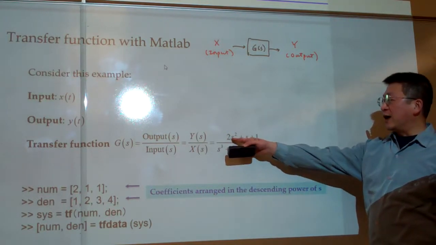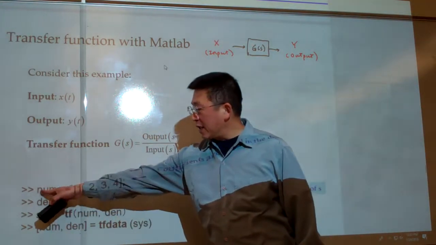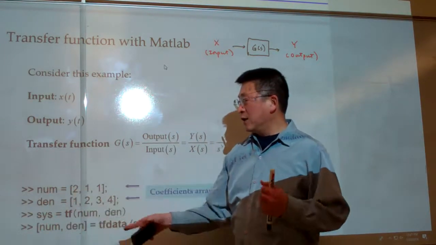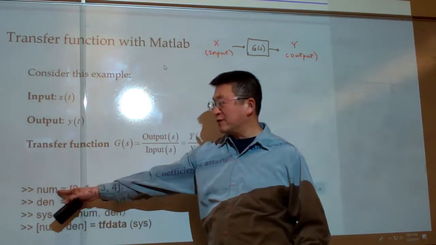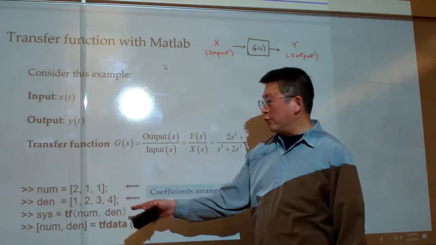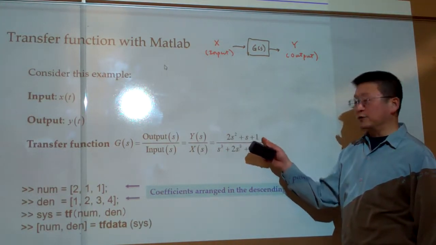First, you define your numerator polynomial by whatever name you give it. This is the name holder for the numerator polynomial. And here, this one lists the coefficients of the polynomial in the numerator in descending order.